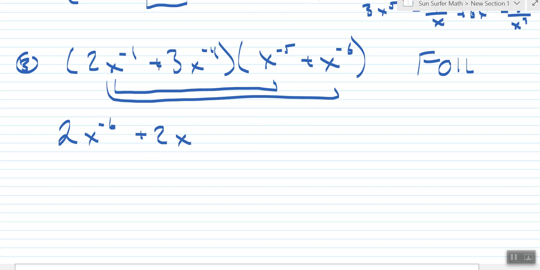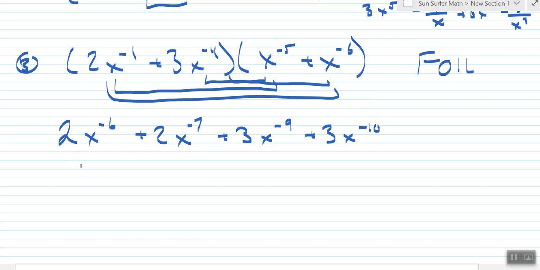Adding the exponents, we'll have x to the negative 7. Now the inside terms, we will have 3x to the negative 9. And then the last term in each, we will have a 3x to the negative 10. 6 plus 4 is 10.